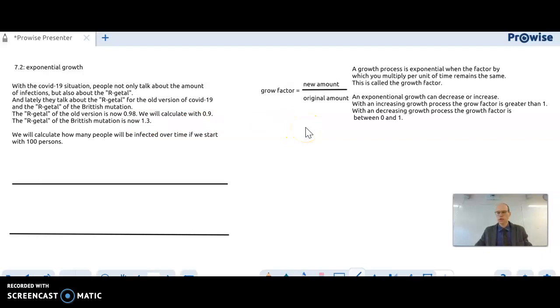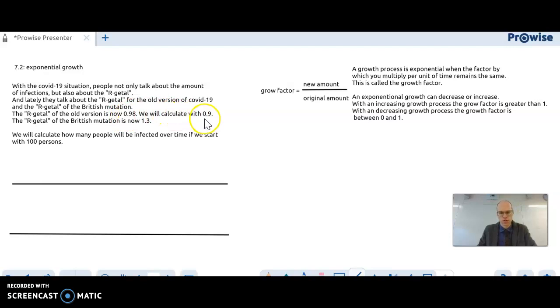Then we have the COVID-19 situation, and we are talking about the British mutation. The British mutation is slightly worse, in that you are infected more quickly. The growth factor or R-getal of the old version is now 0.98.